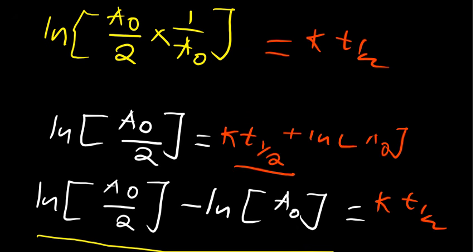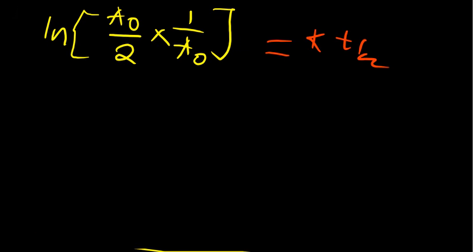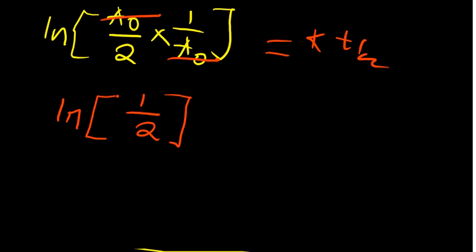Okay, let's have some space. So this is going to reduce to natural log. So the A initial there are going to cancel out. You remain with the natural log of 1 over 2. This is equal to K T1 over 2.